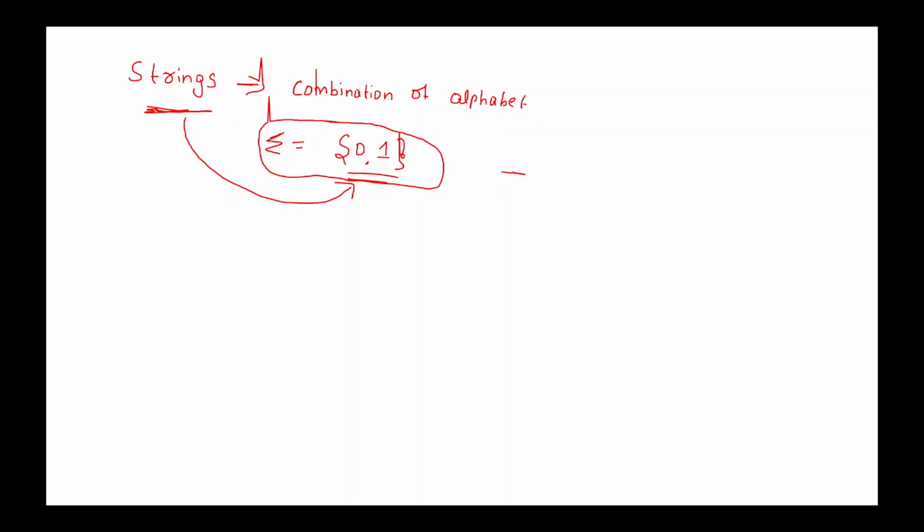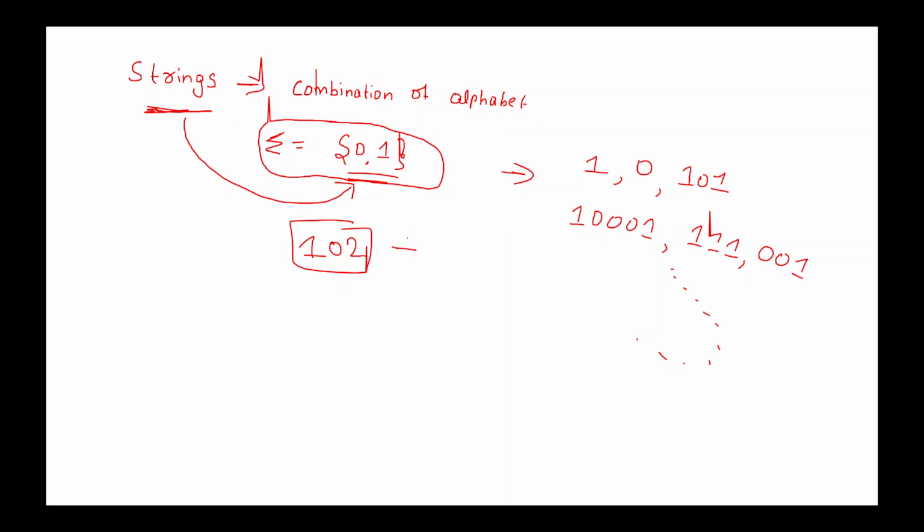Now how can strings be formed? There can be a string like 1, 0, 1, 0, 1, or 1, 0, 0, 0, 1, or 1, 1, 1, or 0, 0, 1, and there can be infinite possibilities, right? But do you think 1, 0, 2 is a string? No. Why? Because 2 is not defined in the alphabet.